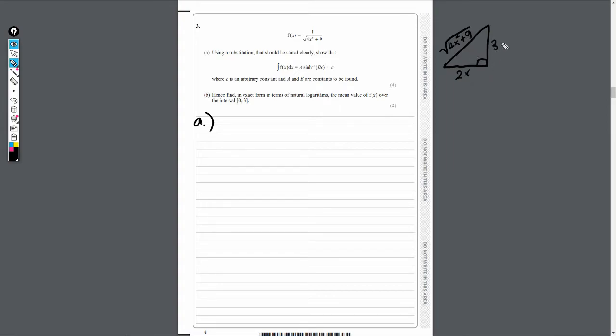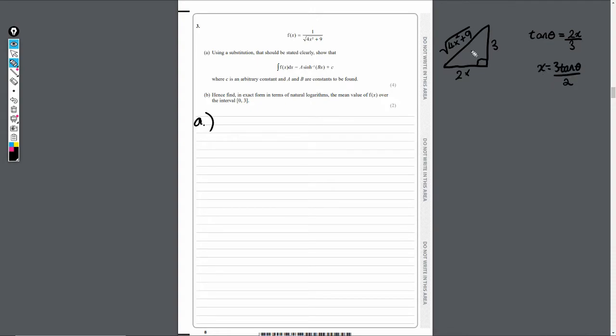Okay, now I can get this in terms of tan theta. So what will tan theta be? Well that'll just be opposite over adjacent, so 2x over 3. Okay, and then we can now put this in terms of x for my substitution back into f of x. So x is going to be equal to 3 tan theta over 2.